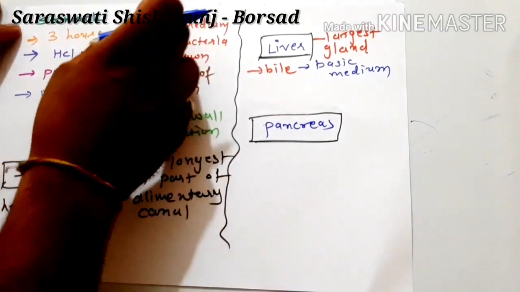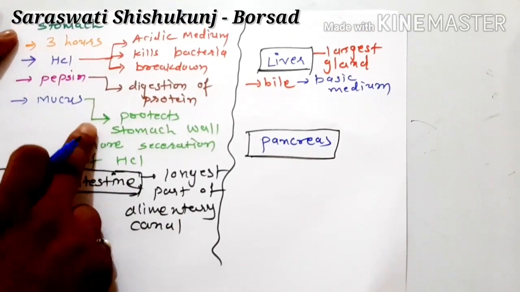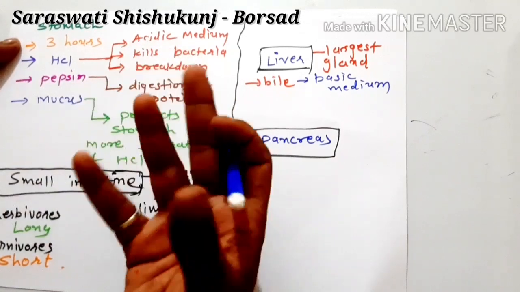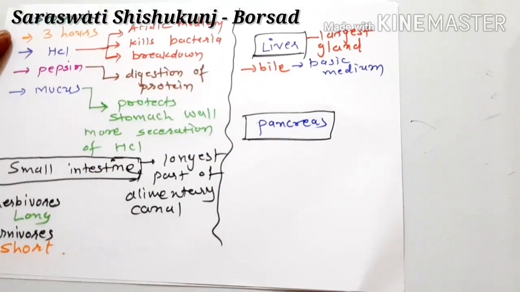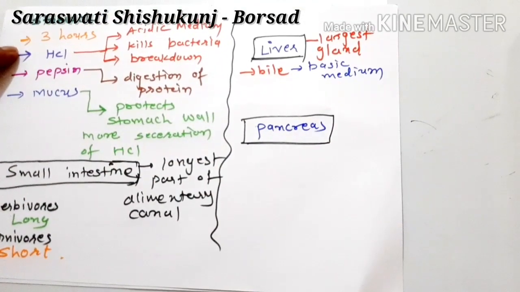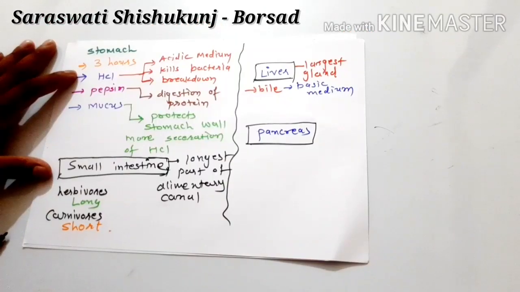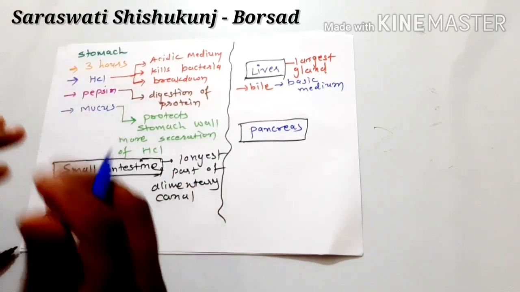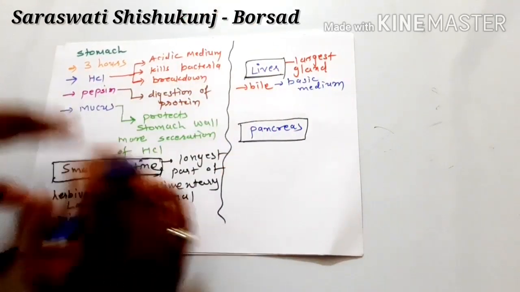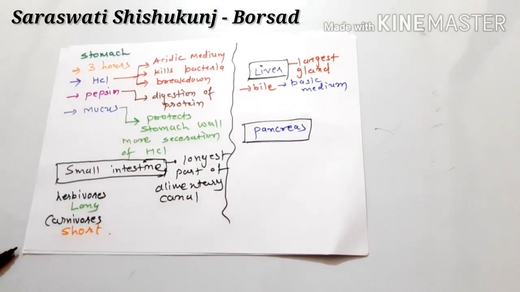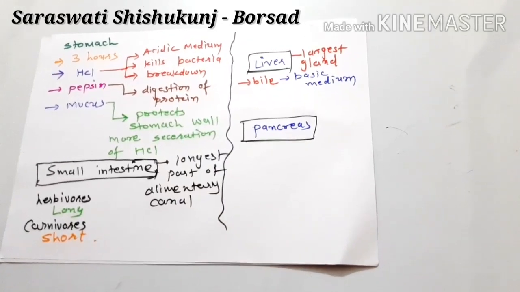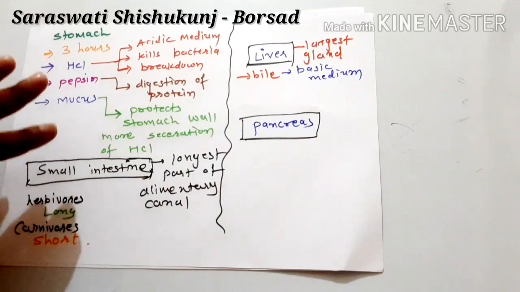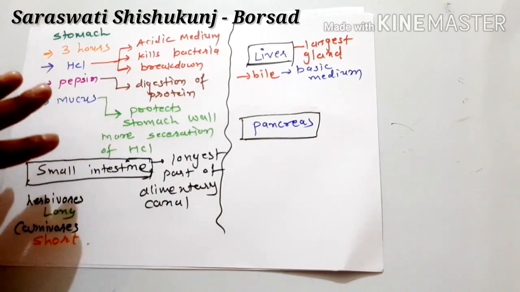In the stomach there is more secretion of HCl, so if the food is more acidic, when it comes into the small intestine, this bile juice is used to neutralize our food. Bile juice is alkaline in nature, it is basic in nature, so it provides a basic medium to our food.